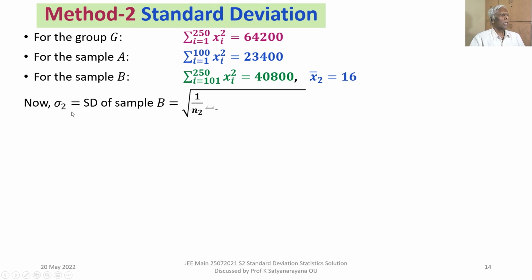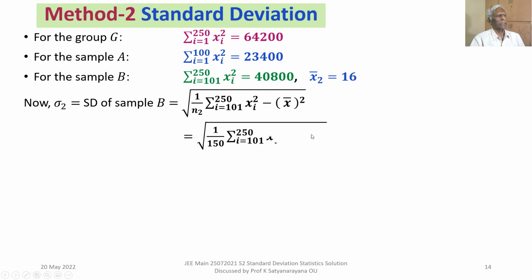And now sigma 2, that is the standard deviation of the sample B, is equal to under the square root of 1 by n2, number of items, into summation i equals 101 to 250 xi square minus x bar square. X bar square means here in this case x2 bar square. So we will write x2 bar square.